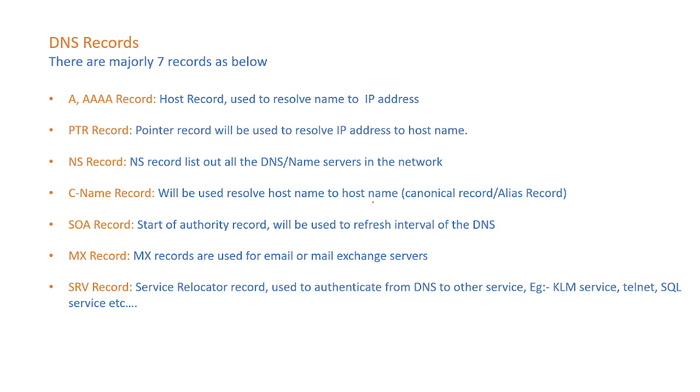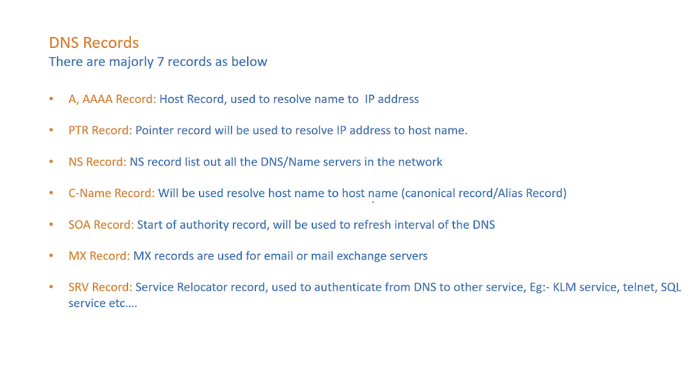This service locator record will play a major role. What happens if you want to search for a service available in the environment? This SRV record will be helpful. Say for example, when you install an operating system, normally we activate the licenses. In real time, we have to activate the licenses.